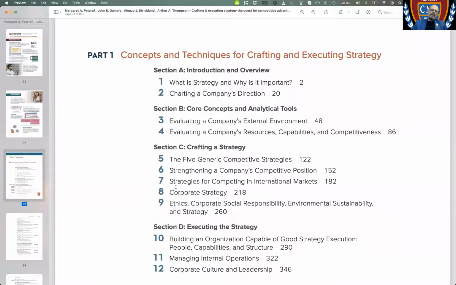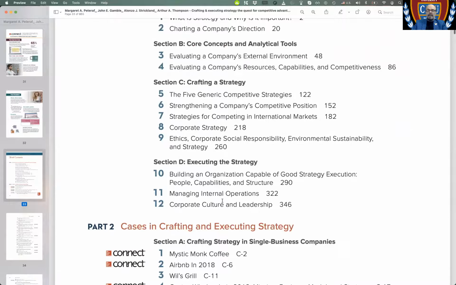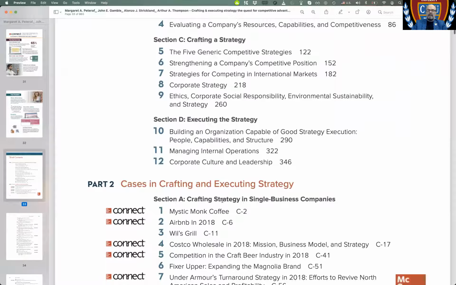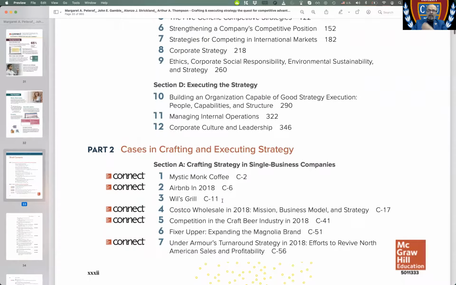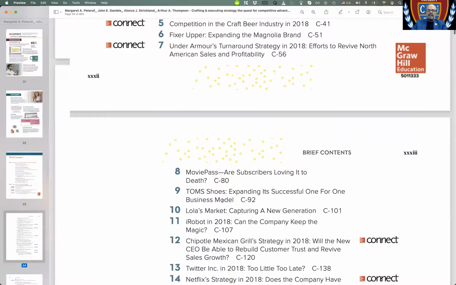I use these particular chapters to really help you understand what it means to implement strategies. But the advantage that was attractive to me is that there are so many different cases that have been discussed.